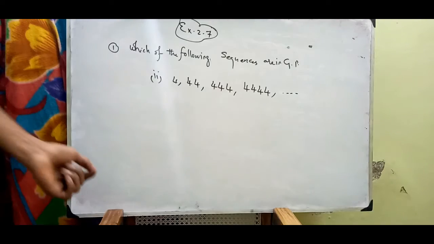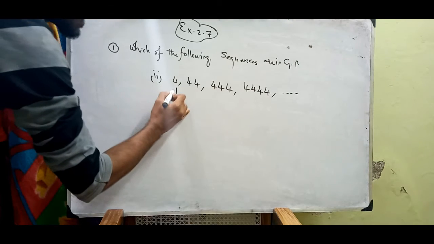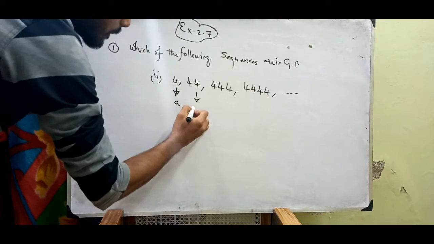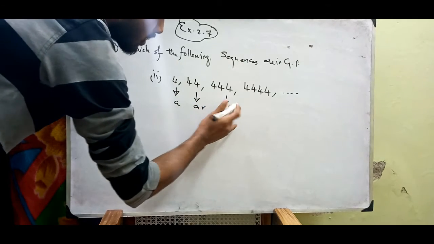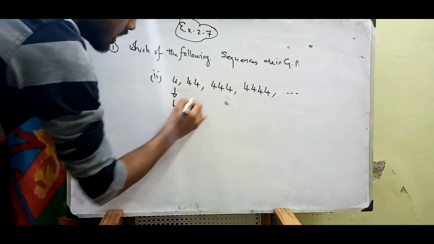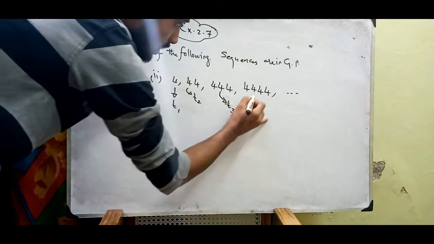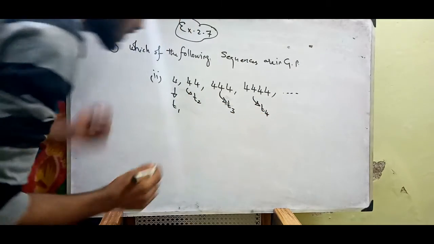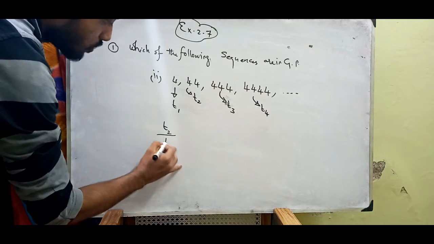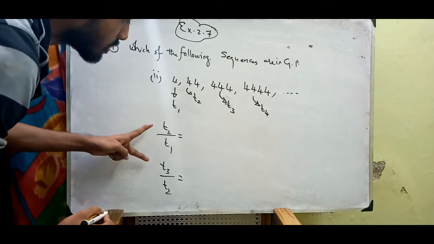Okay, let us take this as A, then AR. Without taking AR, I'm just denoting this as T1, this as T2, this as T3, and this as T4. Let us check whether T2 upon T1 and T3 upon T2 are the same.